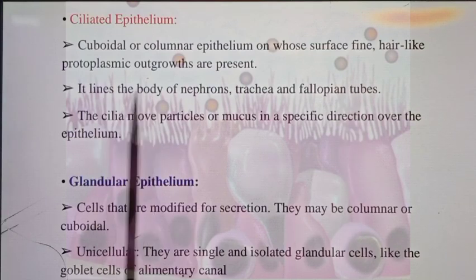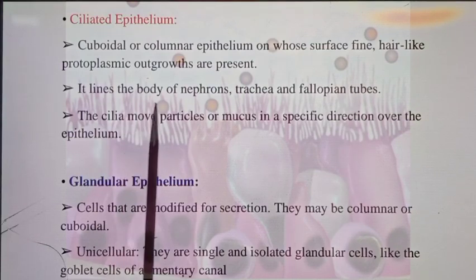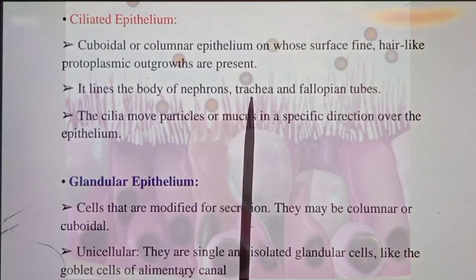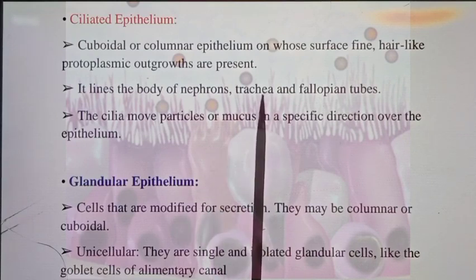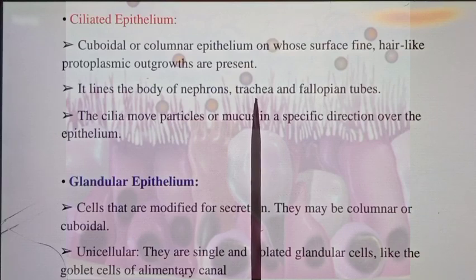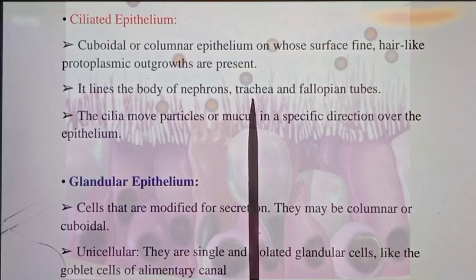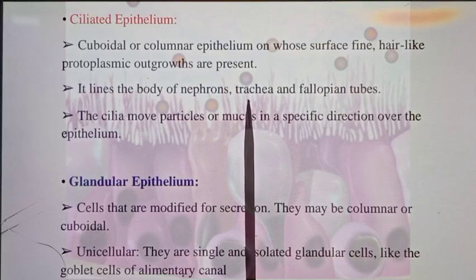They have a specialized function in the trachea, and they help to remove foreign materials from the trachea. It is always moving, so it wiggles and moves the particles out.